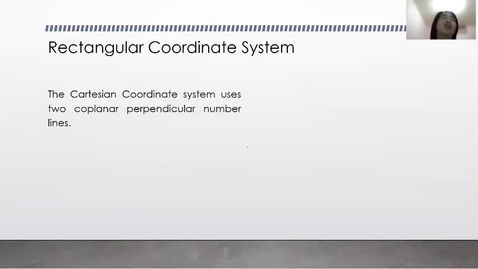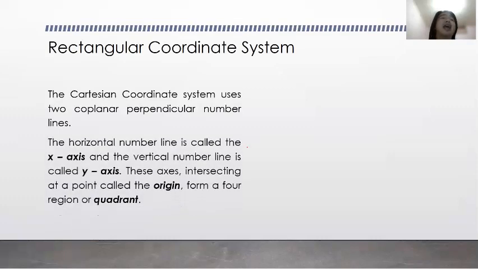Okay, so the Cartesian coordinate system uses two coplanar perpendicular number lines. The horizontal number line is called the x-axis and the vertical number line is called the y-axis. These axes intersect at a point called the origin and form four regions, or what we call quadrants.